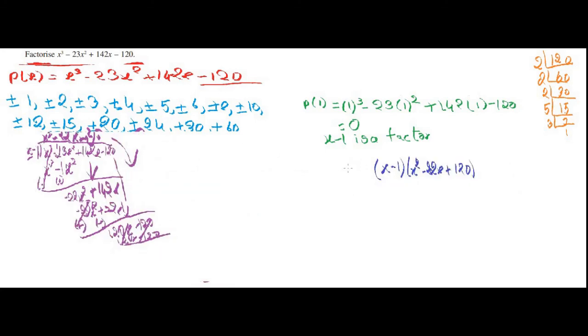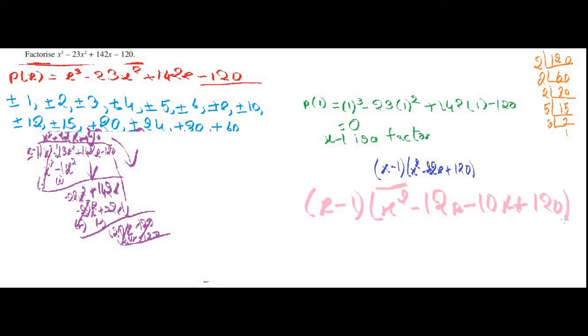So now we know that x minus 1 is a factor of this term. We have to find the other two factors. We can do this by the splitting the middle term method. So keep x minus 1 as it is. We can write x square minus 22x plus 120 by splitting its middle term. I'm writing it as x square minus 12x minus 10x plus 120.